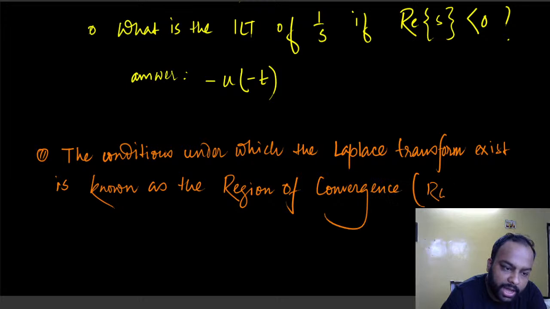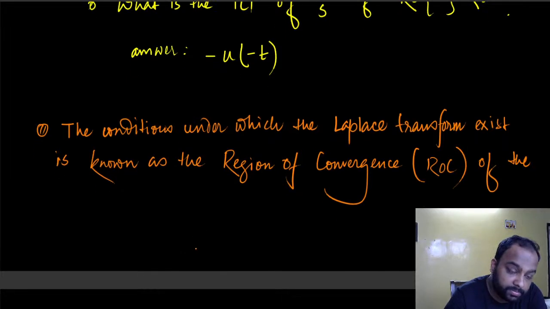In short, it's called ROC, the region of convergence. That's it.